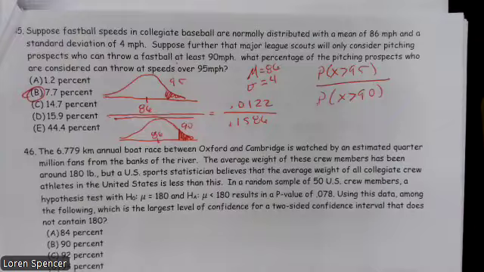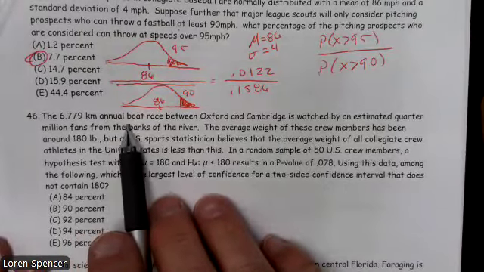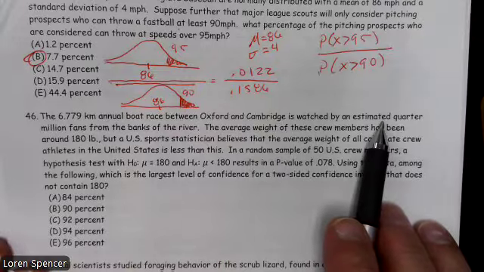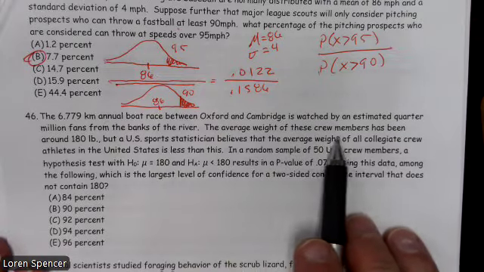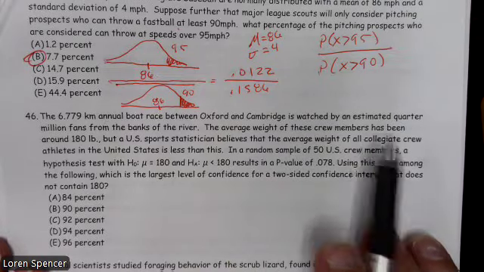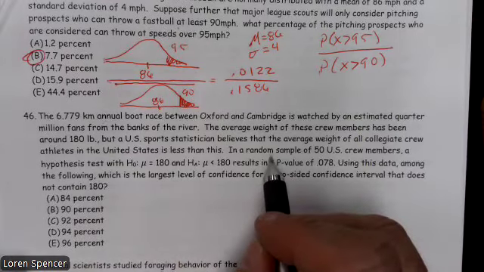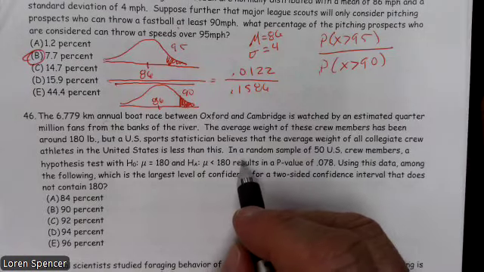46. The 6.779 kilometer annual boat race between Oxford and Cambridge is watched by an estimated 250,000 fans from the banks of the river. Who knew? The average weight of these crew members has been around 180, but a U.S. sports statistician believes the average weight of all collegiate crews is less than this.